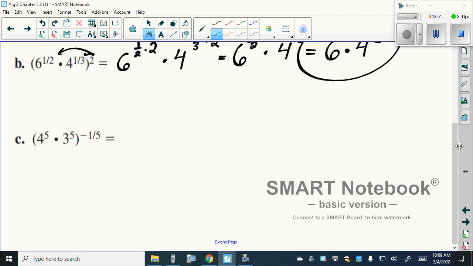Our power of a quotient, or power of a product, applying the -1/5 into both these here. Yes, we can do that first. So we'll have 4 to the 5 times -1/5 times 3 to the 5th times -1/5.